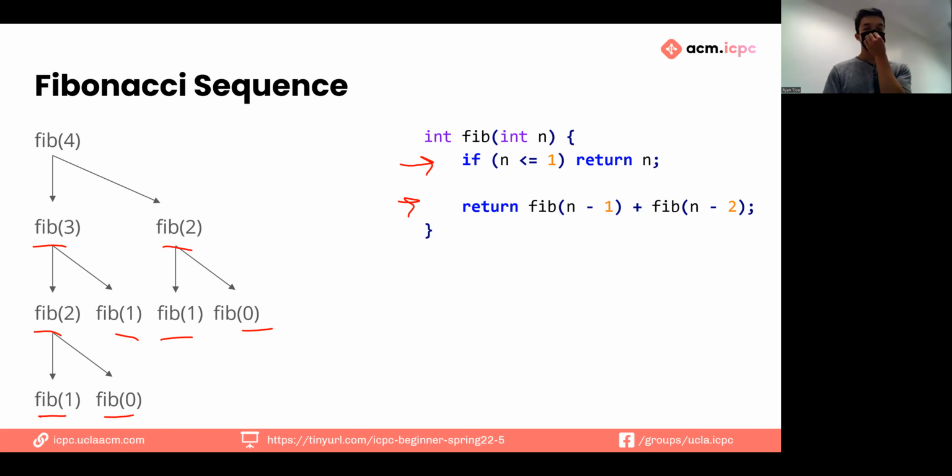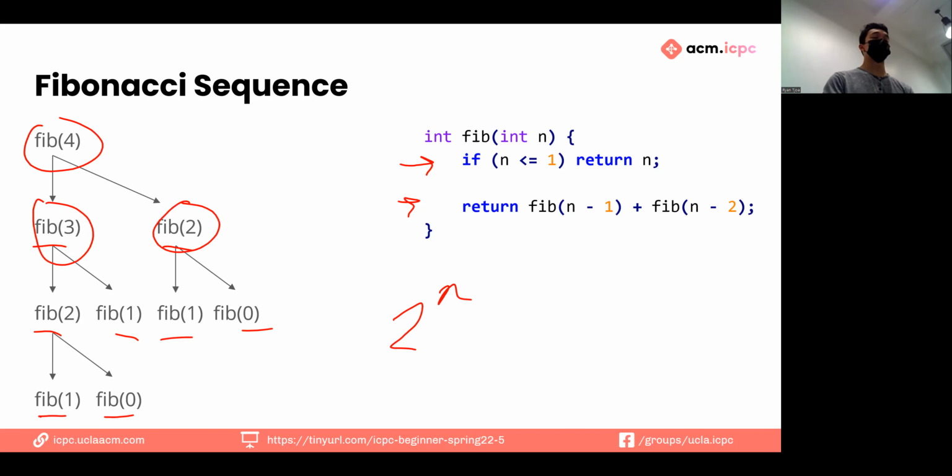So I guess maybe this could help as an example. One way to estimate the time complexity of this code is to estimate it as 2 to the n, where n is our input. Basically each node here means we're having to do some computation.